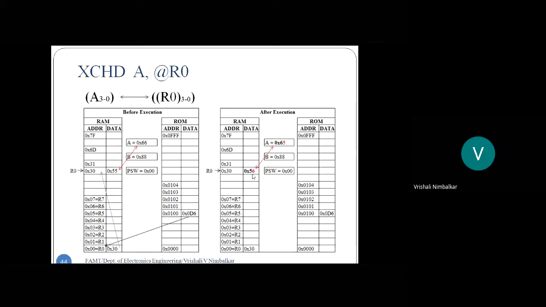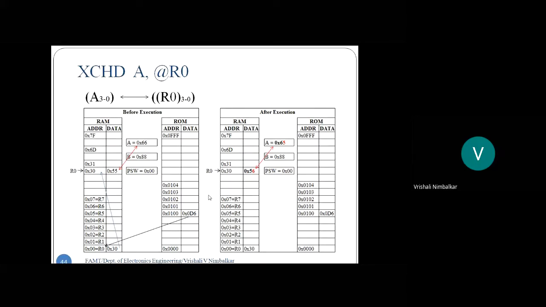XCHD. Fine. Now see where you might use this instruction. Most of the time, whenever you are dealing with BCD numbers, BCD is binary coded decimal. A decimal number is written in 4-bit binary, and the BCD digits are 0 to 9. So 8 will be written as 1000.